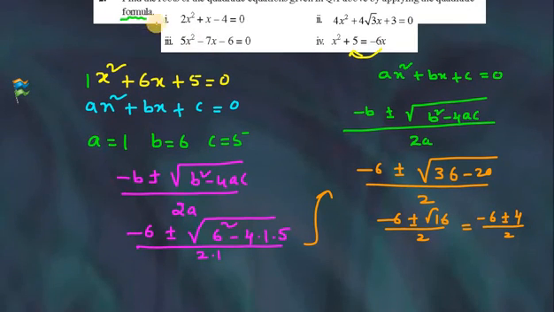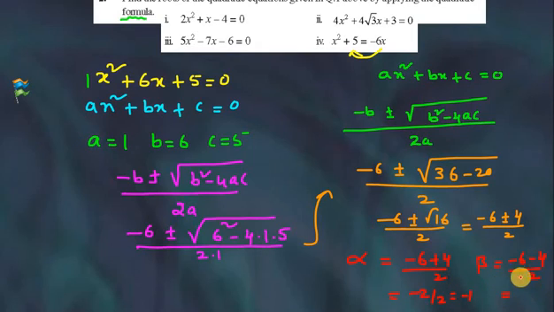Now we will have the value. Alpha is equal to, I am taking one time plus, and beta I am taking it as one time minus. So the value is how much? Minus 6 plus 4, minus 2 by 2, that is nothing but minus 1.